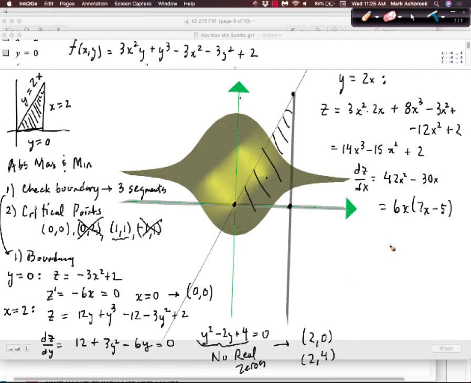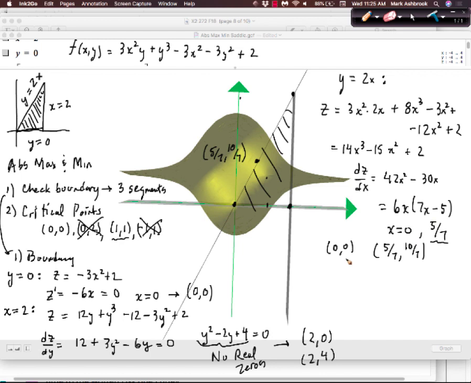So x is 0 or 5/7. x equals 0, again, is this point. We already had it, right? So again, 0, 0, repeat. But this is a new one now. 5/7 is something short of 1. So there is a critical point along that boundary where x is 5/7 and y is 2 times that, 10/7. So I've got this critical point 5/7, 10/7.